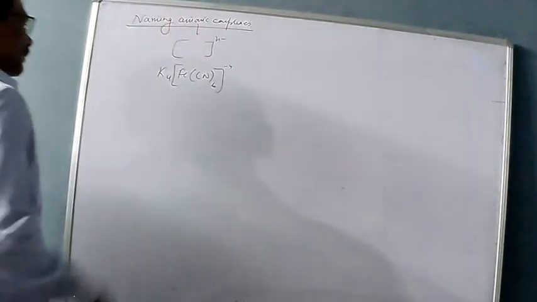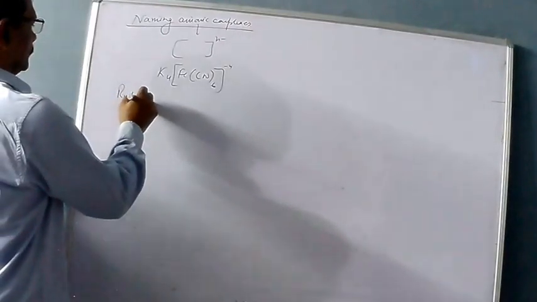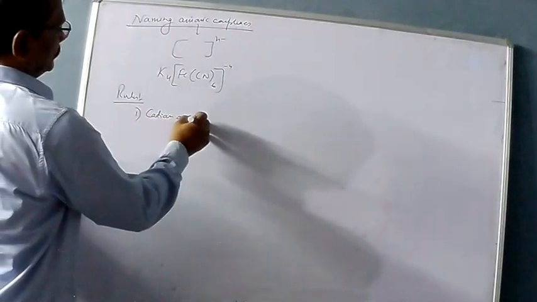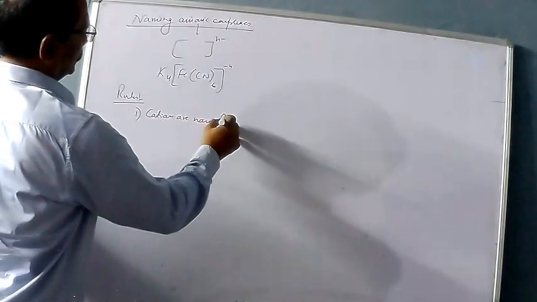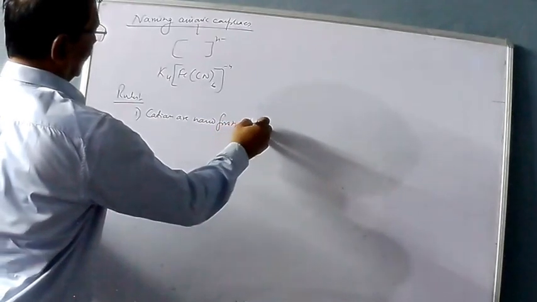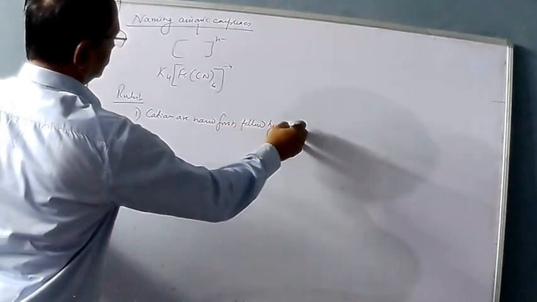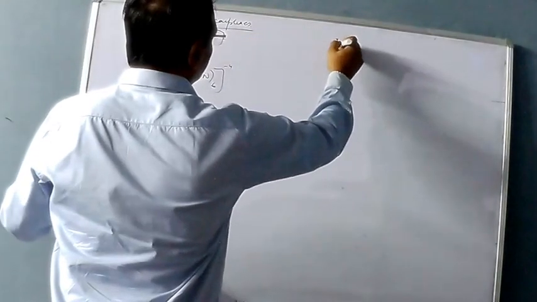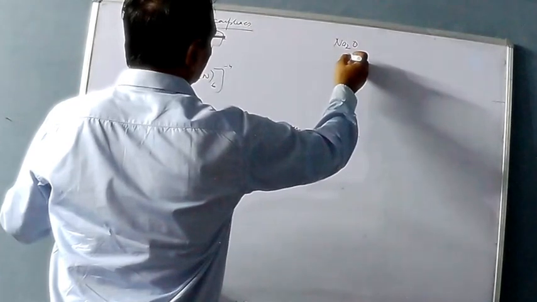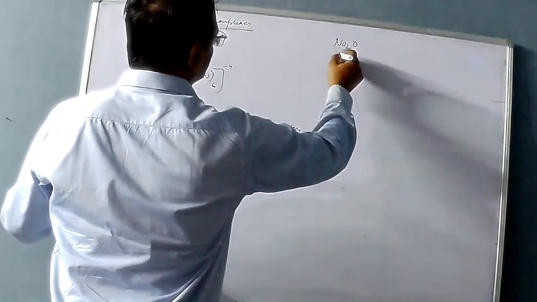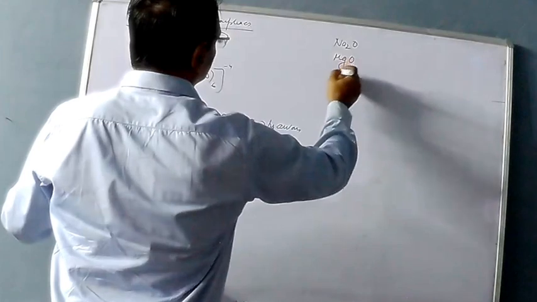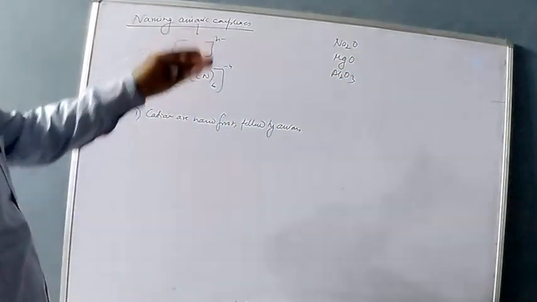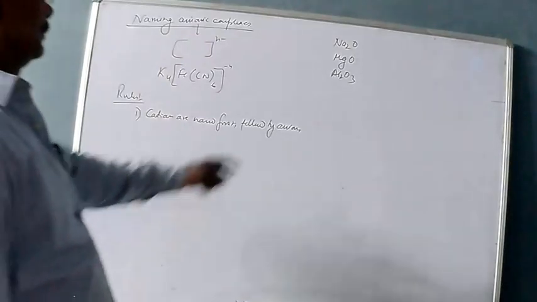Now class, rules. Same thing, cations are named first, followed by anions. But before going to that, let us again take some examples. Now let us consider these three compounds. What are their names?